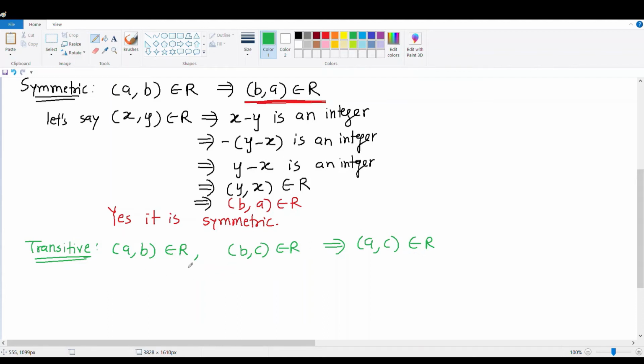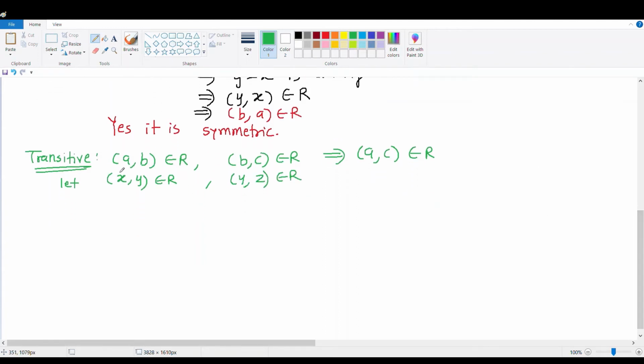Now, let x comma y belong to R and let y comma z belong to R. So I am taking a equals x, b equals y, and c equals z.